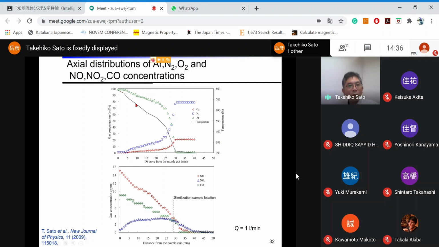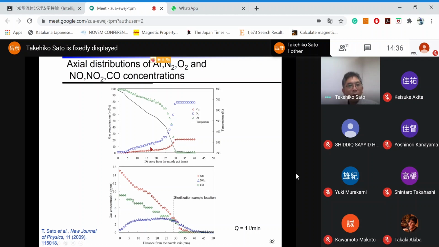In the plasma jet, we measured this case with argon gas. The argon concentration decreases near the exit of the nozzle, and nitrogen inside increases a little bit, and finally outside it is the atmospheric percentage, and O2 is also the same here.